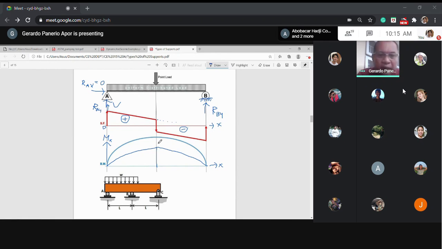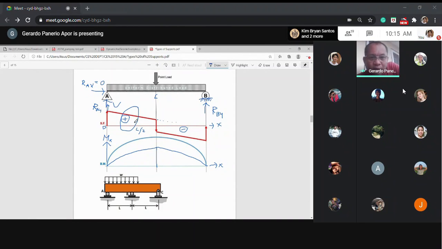So, let us first consider this area, the positive area only. The positive area covers the first half of the length of the beam. Okay? For example, if this is L, this one is L divided by 2.